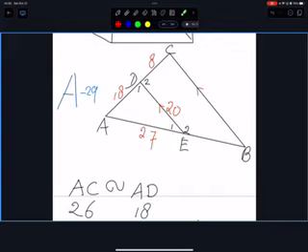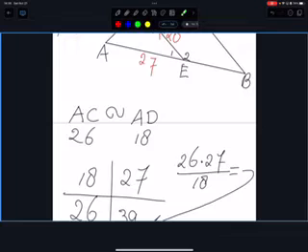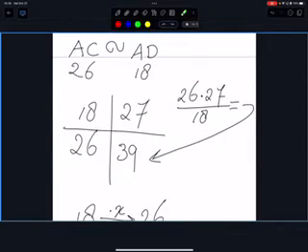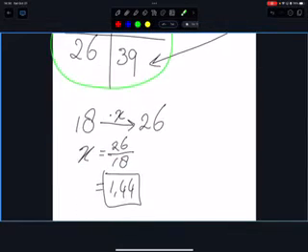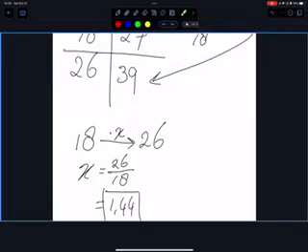Yes? So, the same thing you did with AE and AB, the same thing you have to do with DE and BC. Either you do this or you multiply 20 with 1.44.